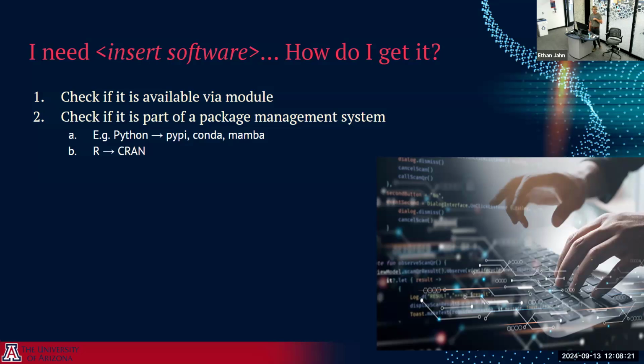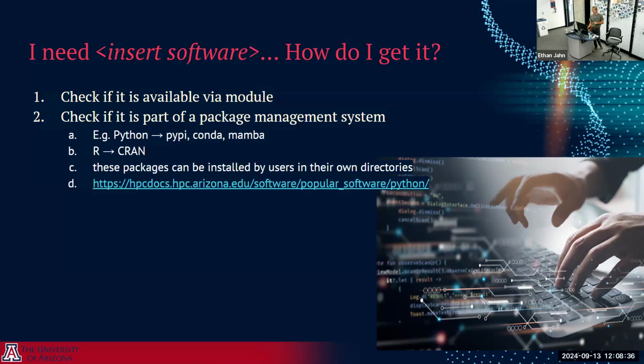There's also Bioconductor, which is another package management system for R. These packages can be installed by users in their own directories, and we have instructions on how to do that in our documentation. So this would be the link for Python, and if you go there, you'll also see information for R and other types of common software.